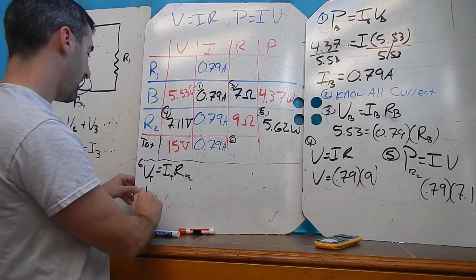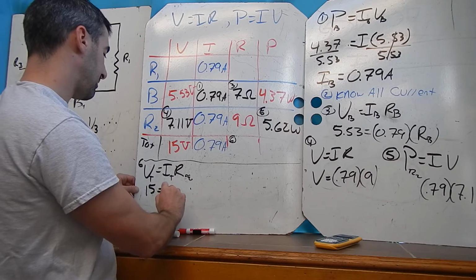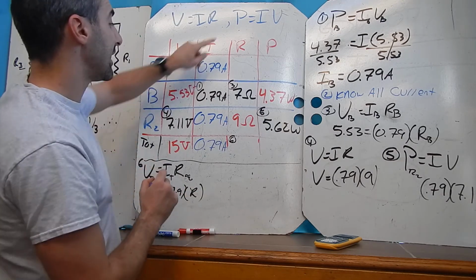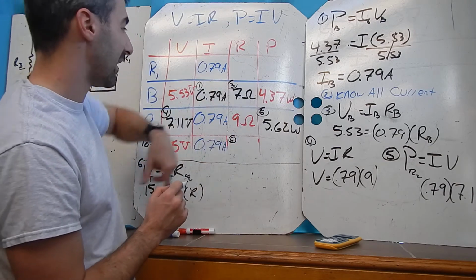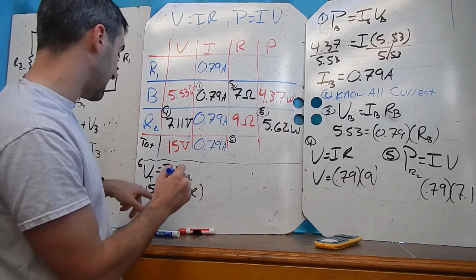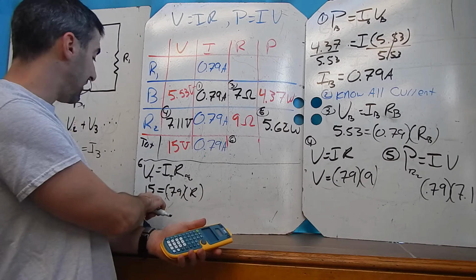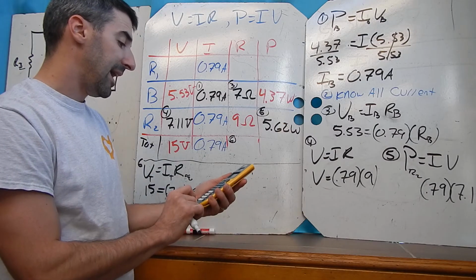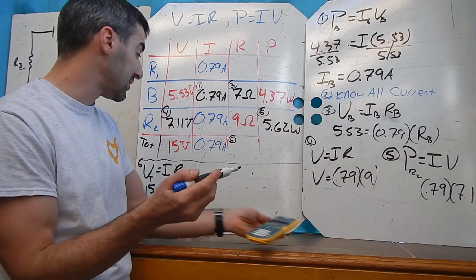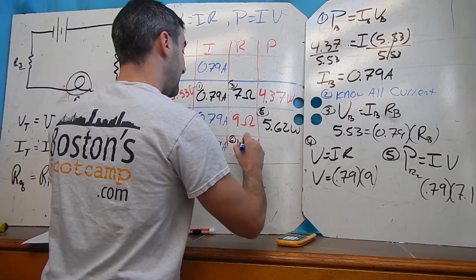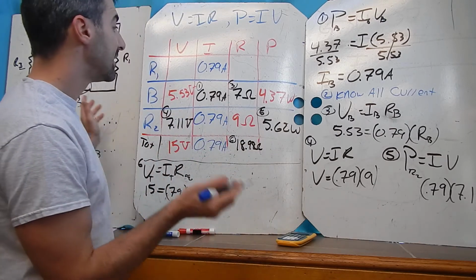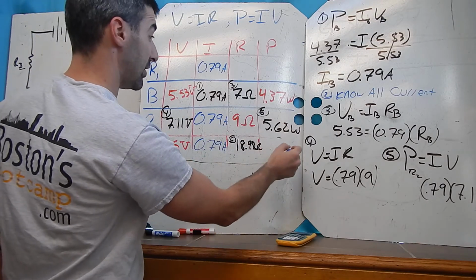So I have 15 equals 0.79 times R. And I should know that this number is going to be bigger than everything. At the very end, I can check these things. So let's see. Divide 15 by 0.79. 18.98, almost 19. 18.98 ohms. That's perfect.